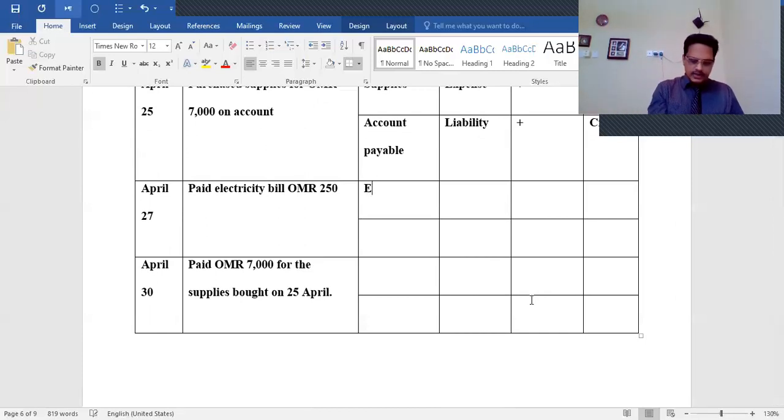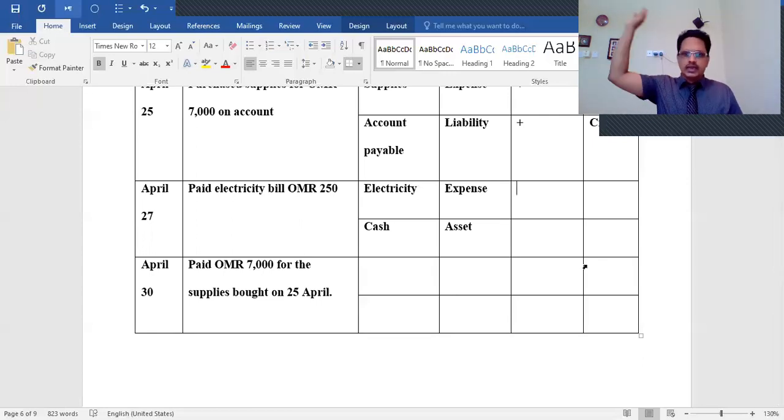So two accounts are, one is expense, that means electricity, and another is cash. So cash and electricity, these are the two accounts. Electricity, you know, it is an expense. Cash, you know, it is an asset. Cash is always an asset. Now, whenever you make payment, your expense is increasing.